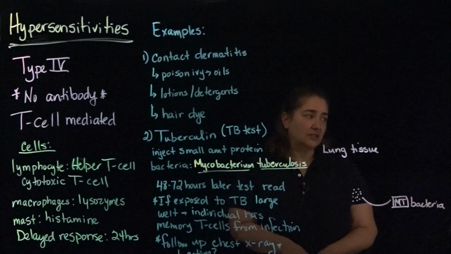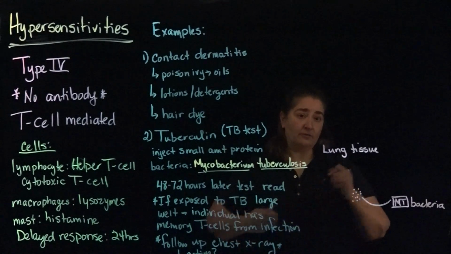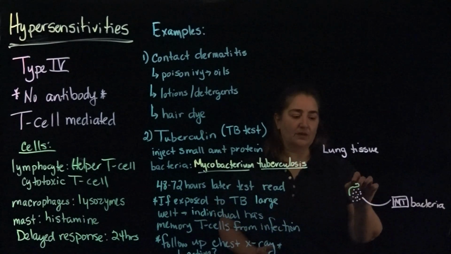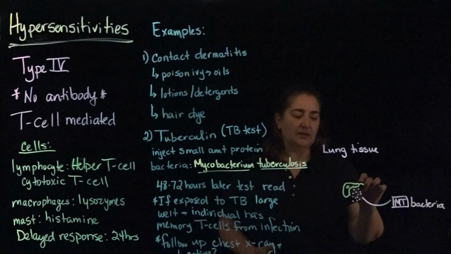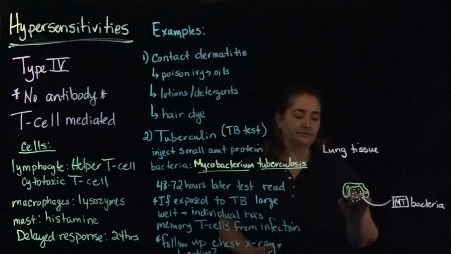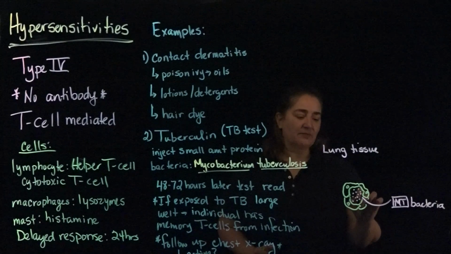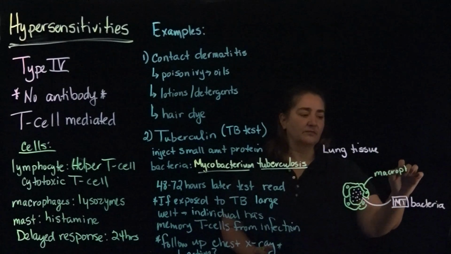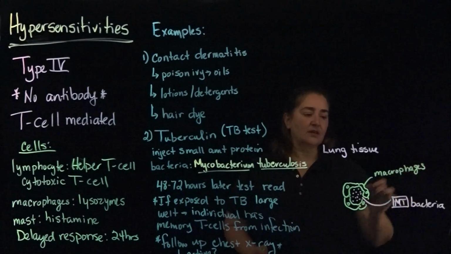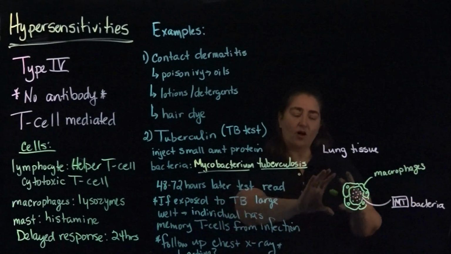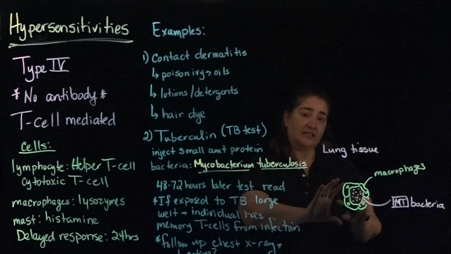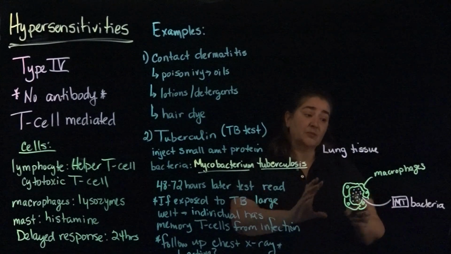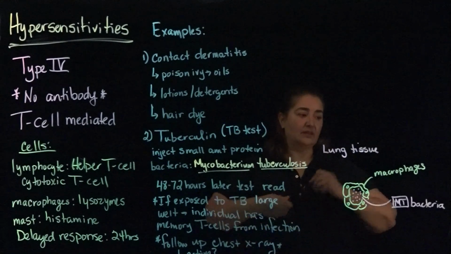What can happen is that bacteria can thrive in the lung tissue, but what will end up happening, you're going to get some macrophages that want to work to wall off that bacteria to prevent it from spreading, okay?